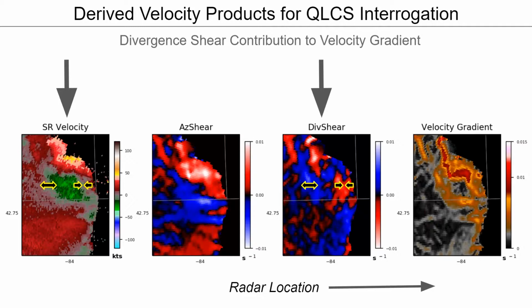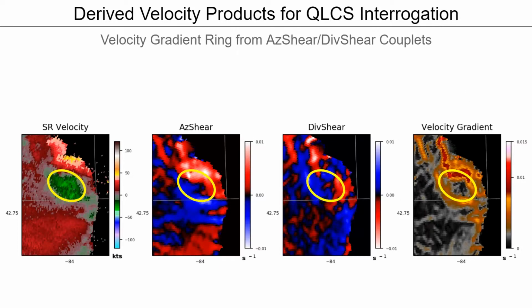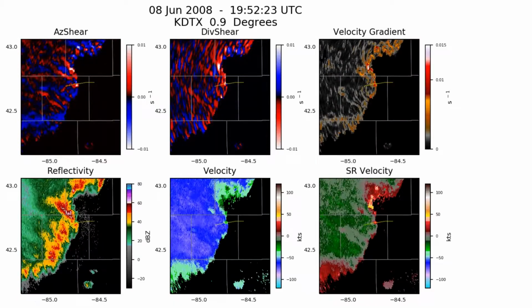You'll notice that you've got essentially a couplet of divergent shear. And when you put it together here, now you've got another dipole. So the net result, interestingly, is that you've got a velocity gradient circle where you've got a dipole in the azimuthal shear and you've also got a dipole in the divergent shear, something you're not usually going to see very often, but it is a rather interesting thing.